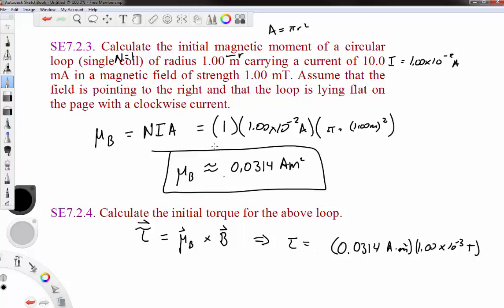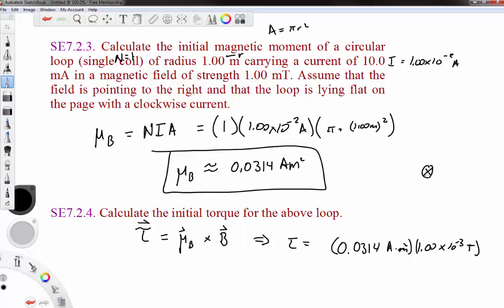Basically, the field is pointing to the right and the loop is lying flat on the page with a clockwise current. That means that the area vector is pointing down into the page, because if you have a clockwise current, you have to wrap the fingers of your right hand in a clockwise direction.